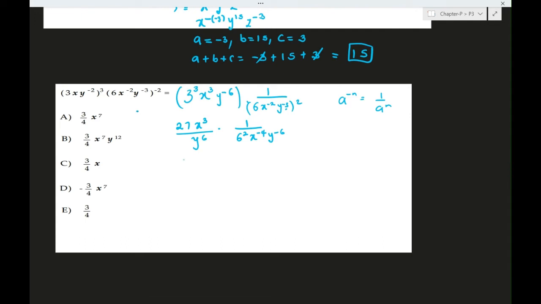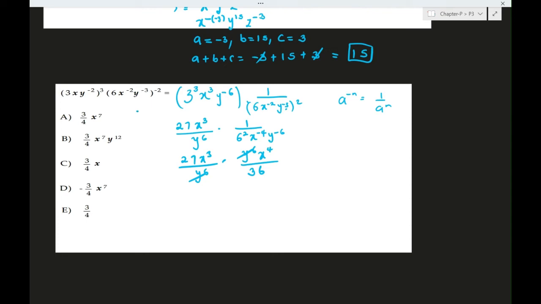Okay, so now let's rearrange. This is 27x to power 3, y to power 6 times. You can see here, this is y to power minus 6. It can go up, so that you have y. And even the x to power minus 4 can also go up to become just x to power 4. Then in the denominator, you're just left with 36. So now we can cancel out easily. This will go with this one. And here, okay, we can divide by 3, right?